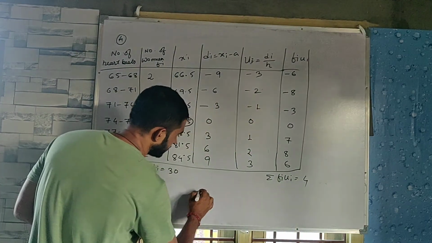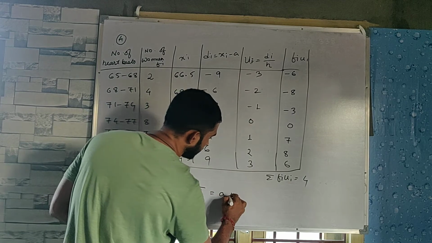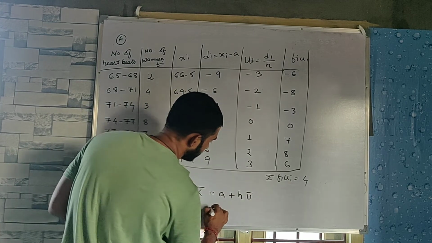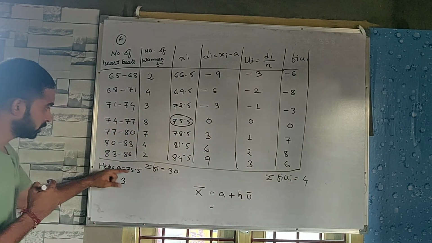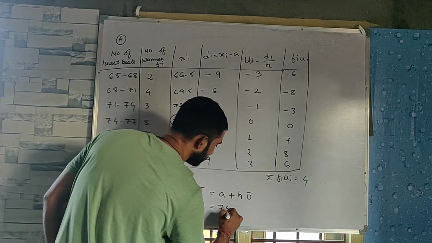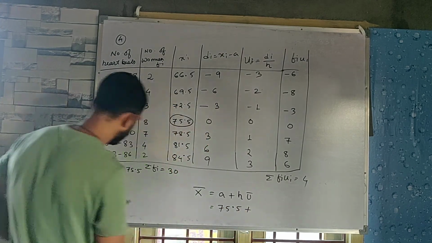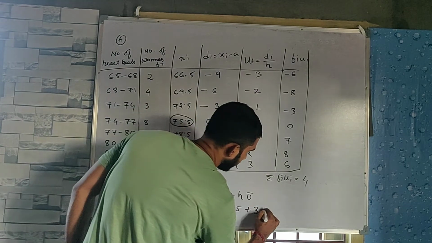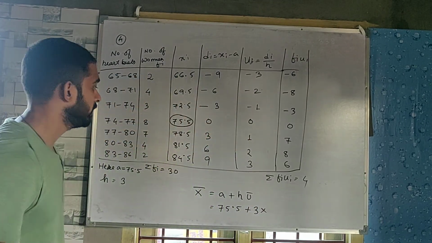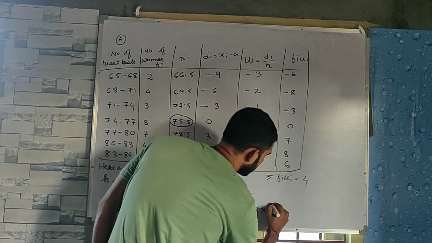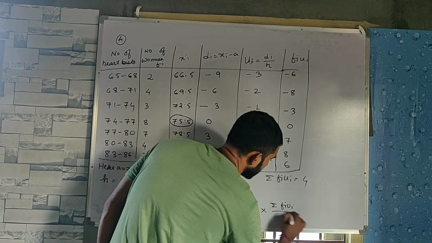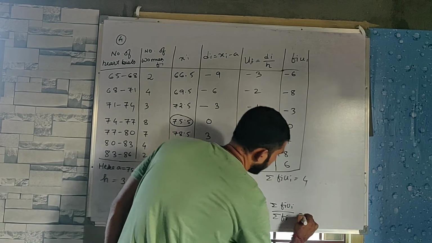So here the formula is x bar equals a plus h u bar, where a is the assumed mean 75.5, h equals 3, and u bar equals summation fi ui by summation fi.